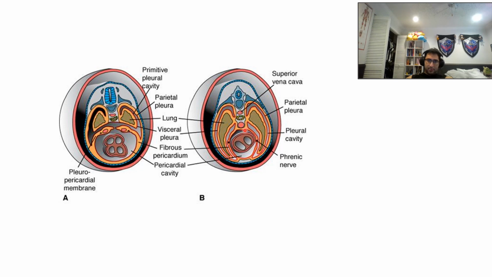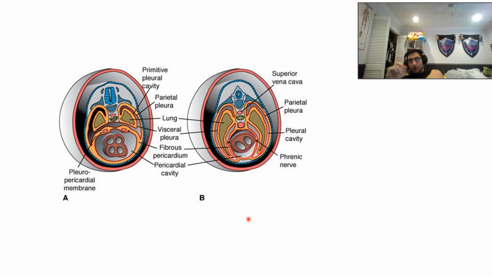And the only reason why I want to point out that the phrenic nerve is inside is because if you go into the plane of the heart, into the plane of the screen, such that you're going in like this, what's below it is going to be the septum transversum, which is going to be a scaffold for the diaphragm. So I just want you to note the embryological anatomic relationship between the phrenic nerve and the diaphragm. That's part of why C3, C4, C5 keeps the diaphragm alive through their contributions to the phrenic nerve.